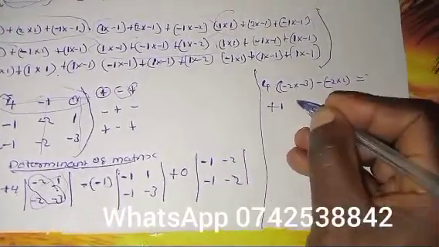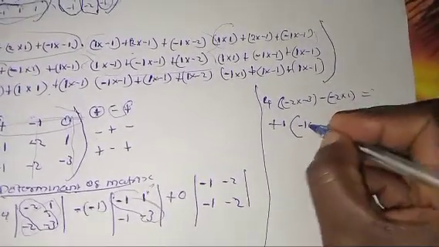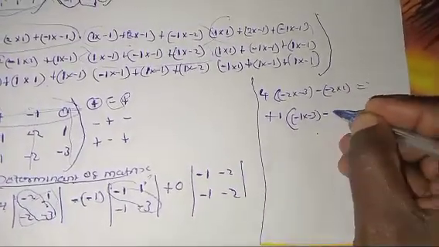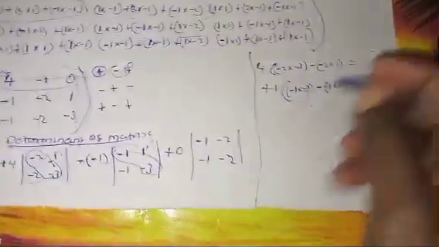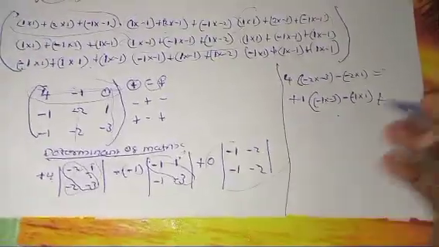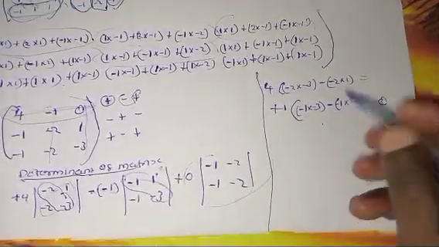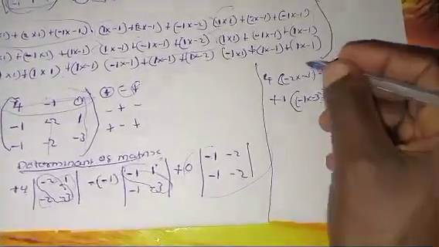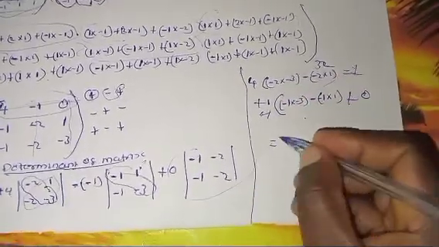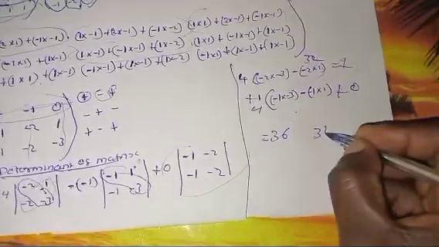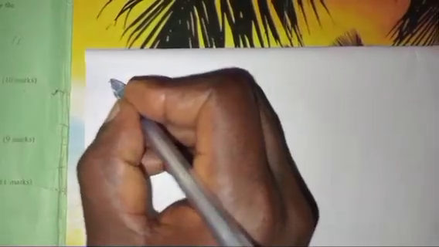So plus 1 into bracket, -1 times -3 minus -1 times 1. You plus, of course, this, and any number multiplied by 0 is equals to 0. So after calculating, you find 32 plus 4, you find 36. So our determinant is 36. We have found our determinant to be 36.